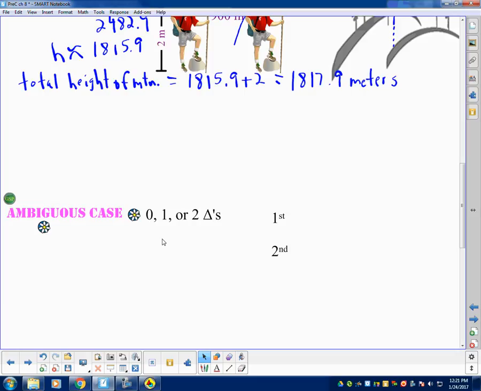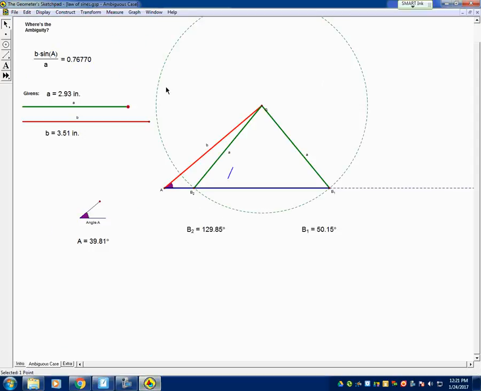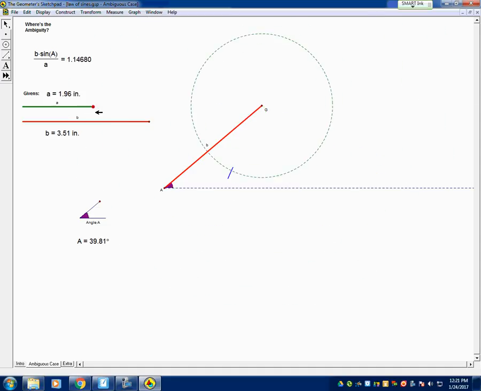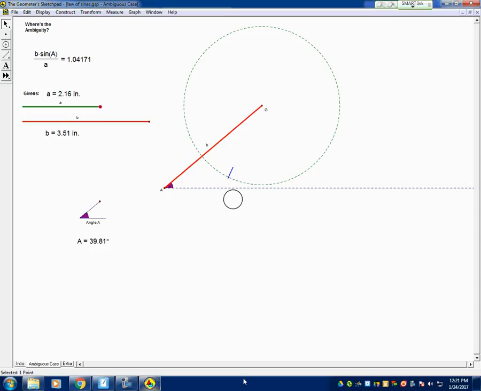Let me go back here and see if we can demo that on the geometry sketchpad. So if I shrink up the green enough, look at this, it just doesn't even touch. So you're given a side, another side, and a fixed angle, and you have no triangle. It's possible to have no triangle with that information.